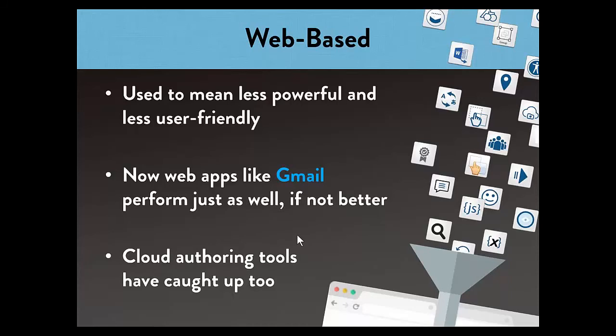Finding more and more, especially younger folks, they're coming in, they don't even want to use the desktop solution that comes with the computer. They all want to use the web-based, and that's quite frankly because the cloud-based authoring solution has the same power and capabilities that the desktop one does, but it also has the advantages that the cloud brings to it that the desktop solution simply doesn't have. And we're starting to see that same thing happening in our authoring solutions.